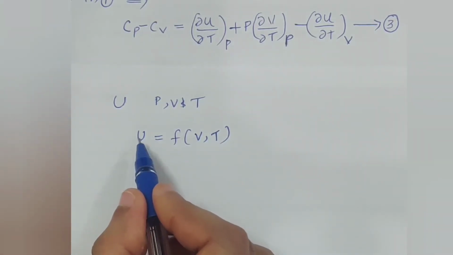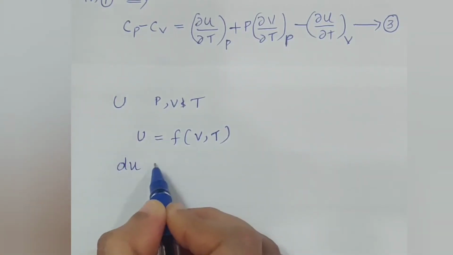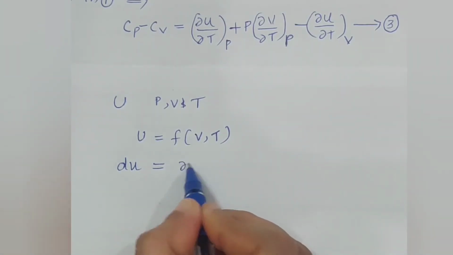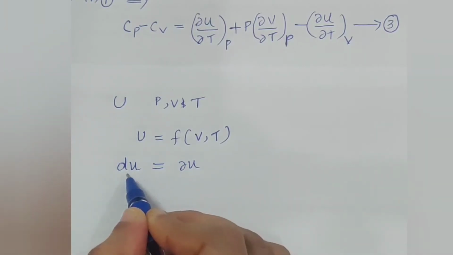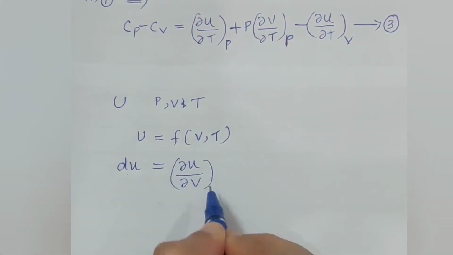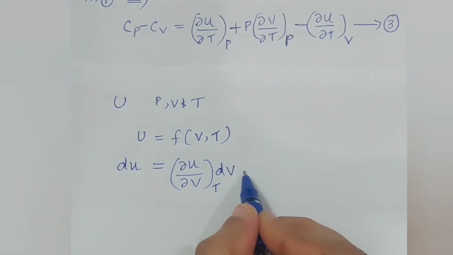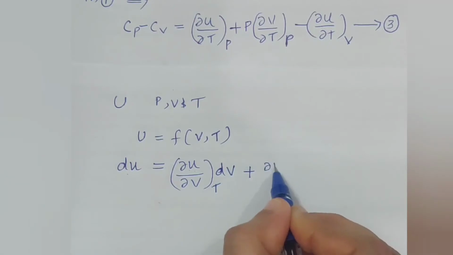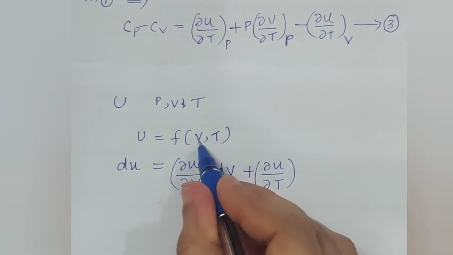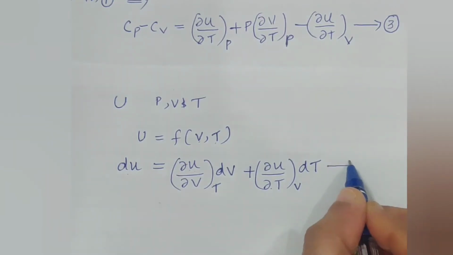Since dU is a complete differential, we can write it as dU is equal to dou U by dou V at constant temperature dV plus dou U by dou T at constant volume dT. Equation number 4.